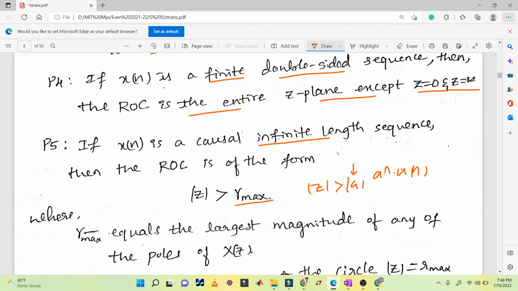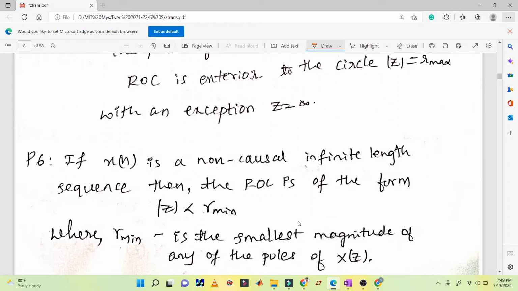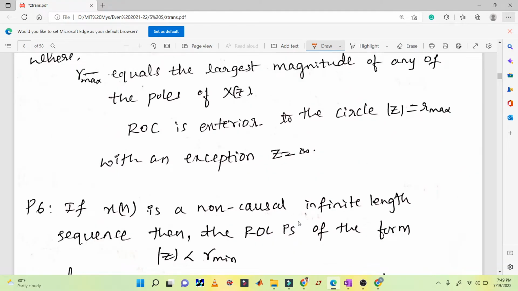Magnitude of z will be greater than that, if you choose so, then ROC exists. So that is what ROC is exterior to the circle, z is equal to r max. Exterior means exterior to this radius r max. Okay, this also we have seen.